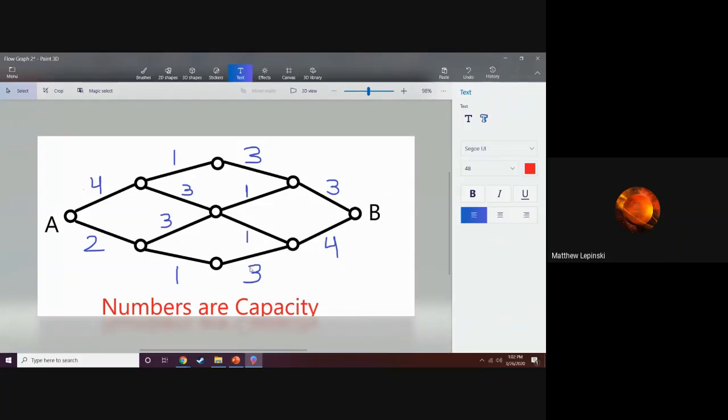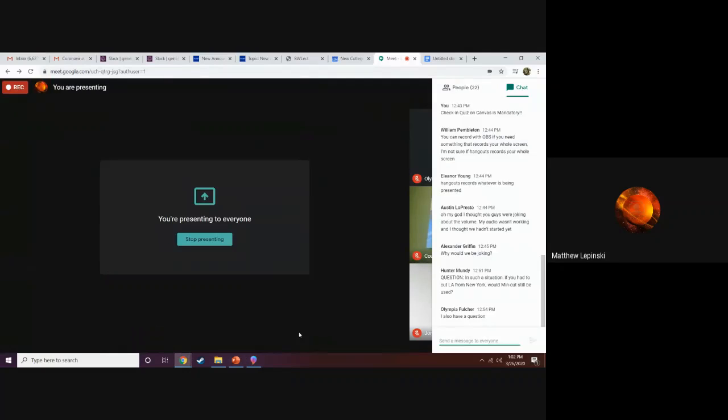You can also think of this in terms of an oil pipeline or a public water pipeline. I'm trying to pump water from A to B, and I have a bunch of pipes that I can move the water through, and all of the numbers on these pipes are the capacity for how much water I can move through here every minute. And I want to send water from the source all the way over to the sink.